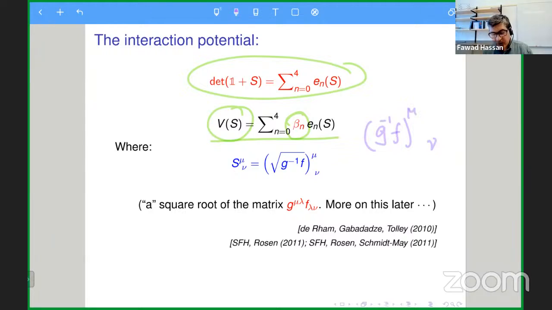It's a 4x4 matrix by itself, but it's no longer symmetric. Now you take the square root of that matrix, and these square roots are very well defined mathematically. And then you define your theory with that.